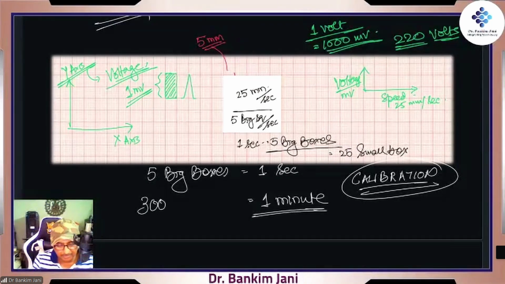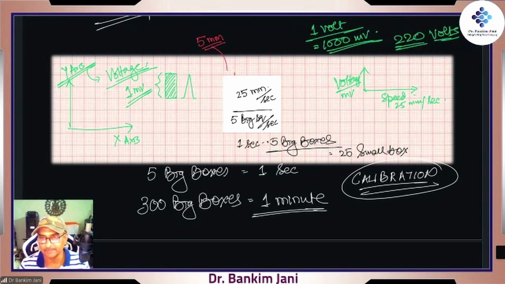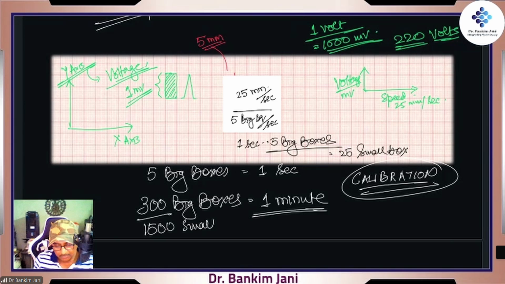So how many small boxes? Right, 1500 small boxes. So that's the total distance.